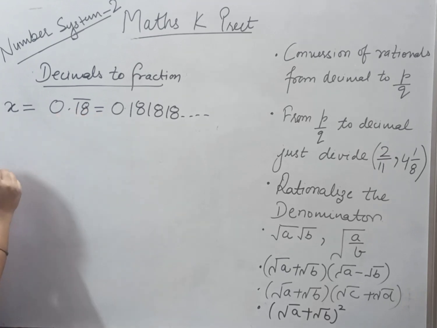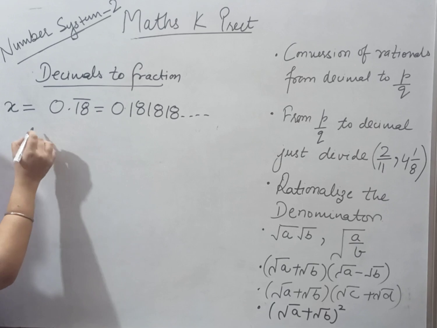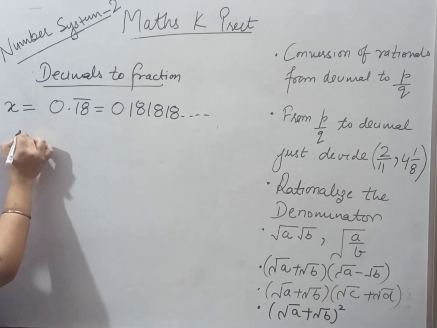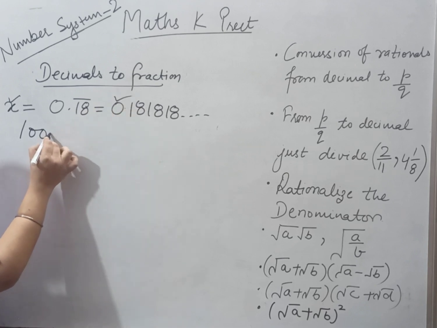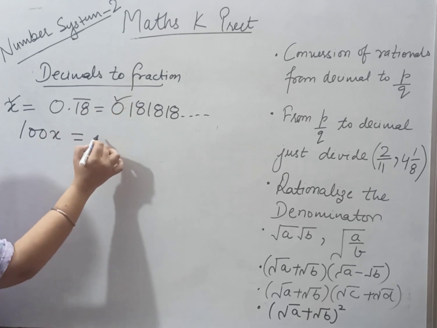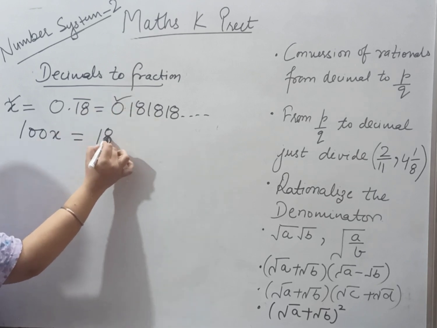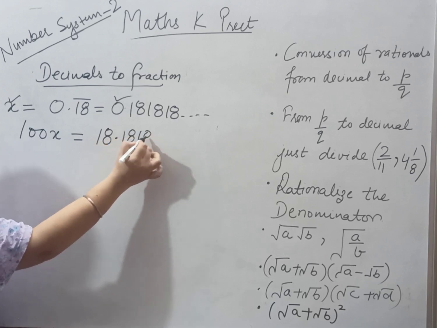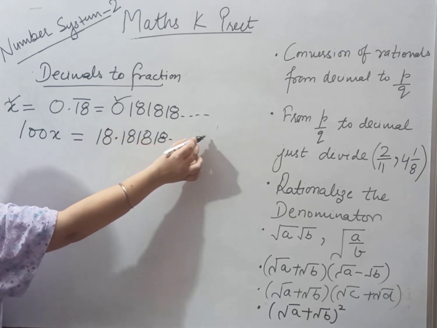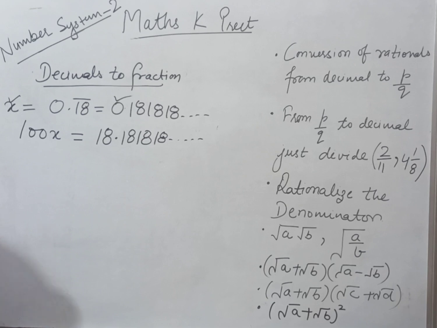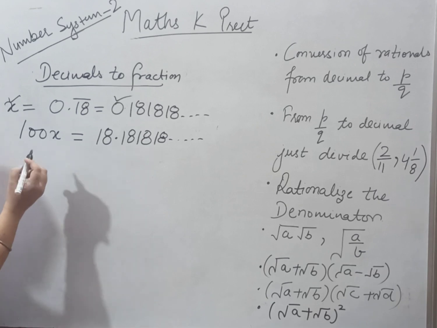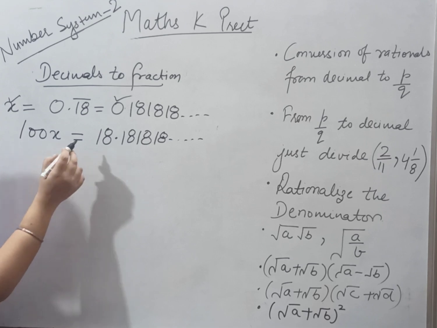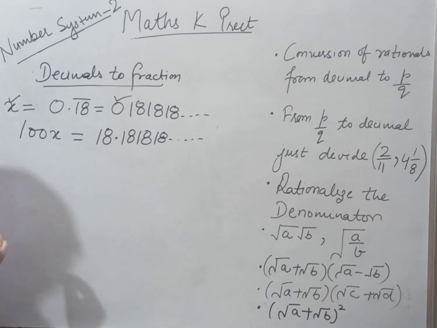So x is equal to 0.18 with the bar on 2 digits, so we will multiply both the sides by 100. So 100x is equal to, after multiplying with 100, I will get this number. Just write up to 3 recurrences. It will be easy for us. So 100x is equal to 18.181818.